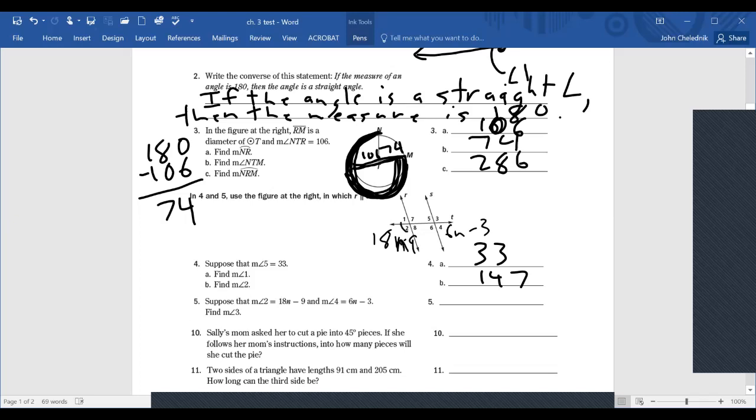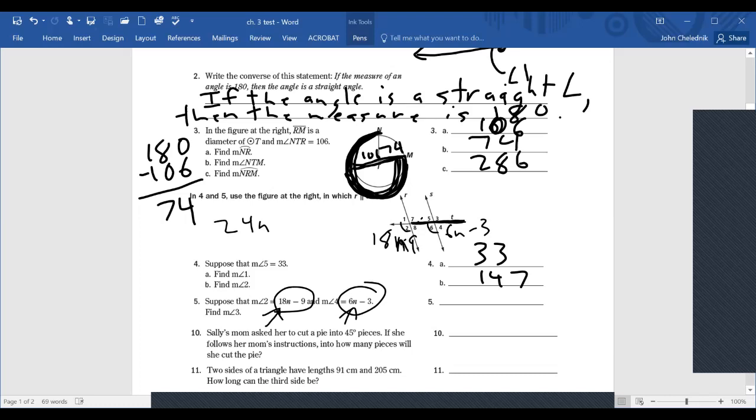2 is congruent to 6 because they're corresponding. 6 and 4 add up to 180 because they form a straight line. They're supplementary. And so that means if I add these two things together, I should get 180. If you combine these like terms here, 18n plus 6n, that's 24n.